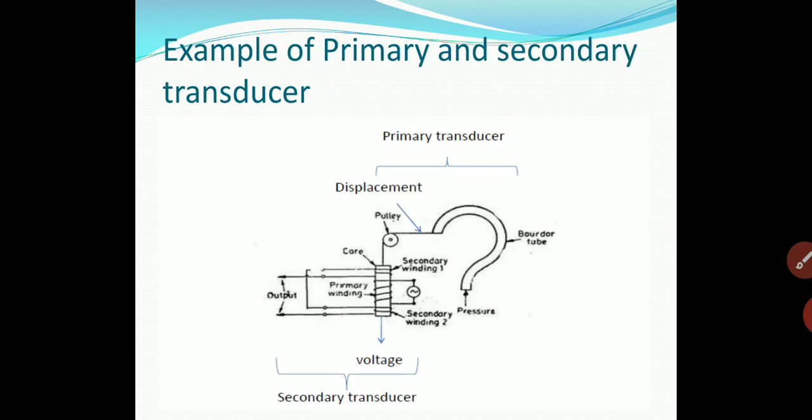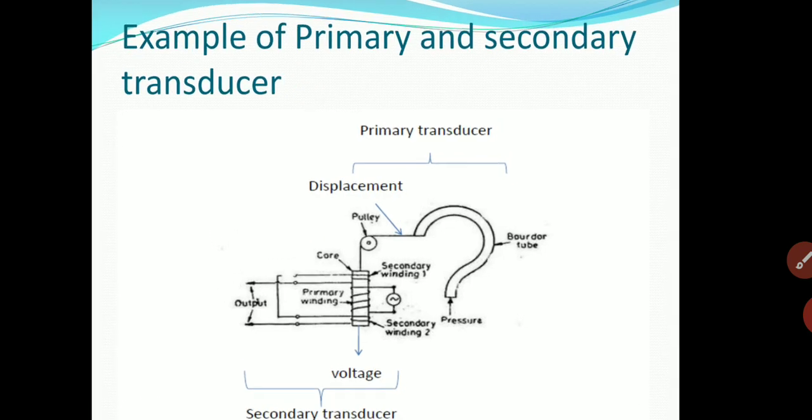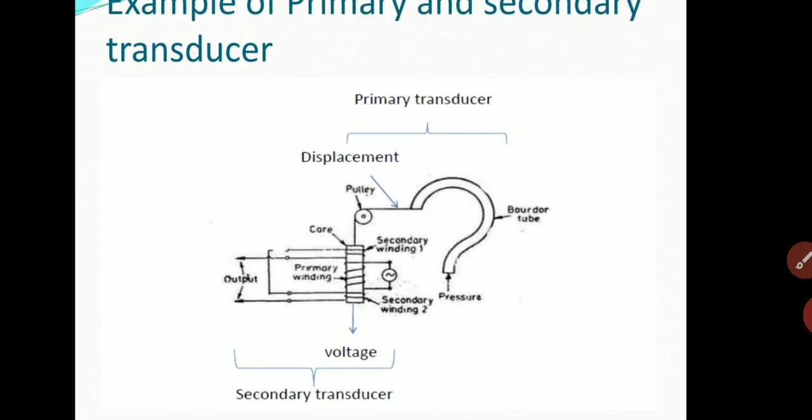So there is an example of primary and secondary transducer in this diagram. Here we use a Bourdon tube as a primary transducer and LVDT as a secondary transducer. Bourdon tube has a fixed end and a free end.